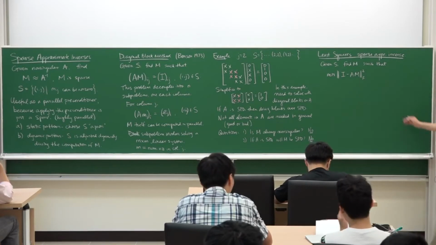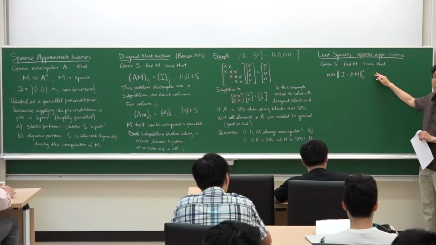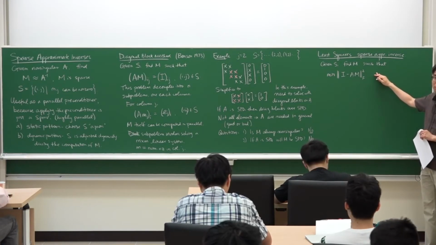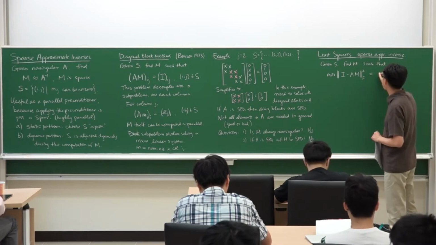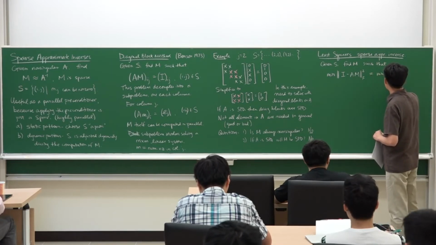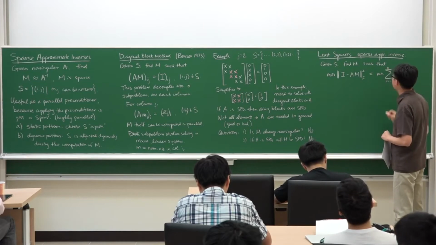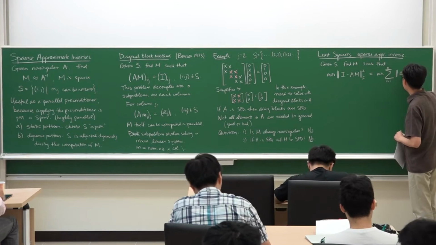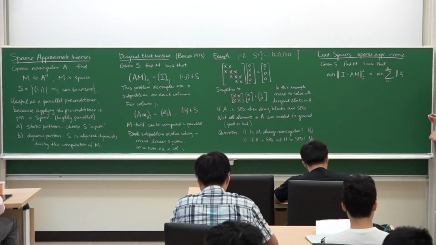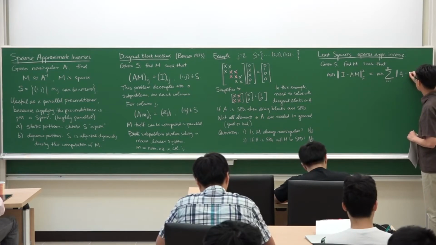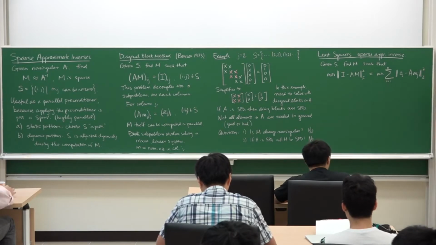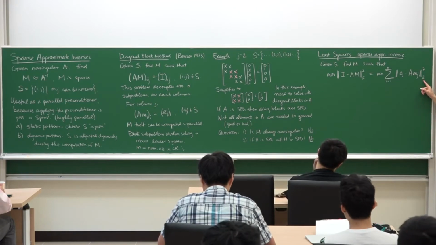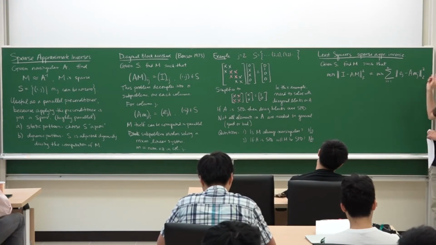And this problem also decouples into independent subproblems, this time independent least squares problems, because you can write this as the minimization of the sum over j equals 1 to n columns of the norm of Ej minus A times Mj, where Ej is the jth column of the identity matrix, just like before. Instead of the Frobenius norm, it's a vector, so I'm going to write this as the 2-norm. So this is just a least squares problem.